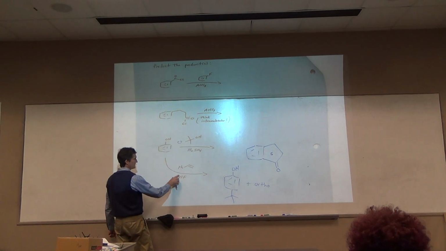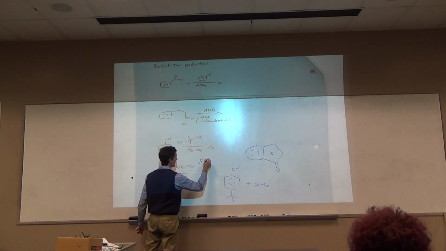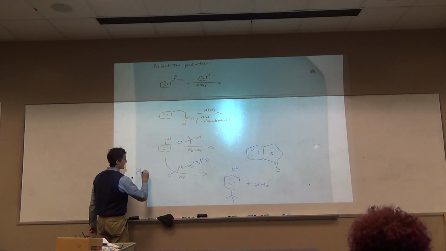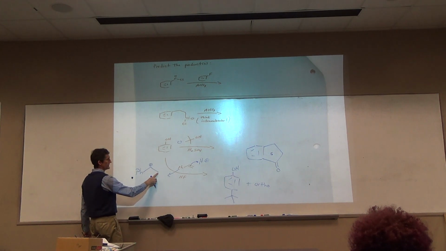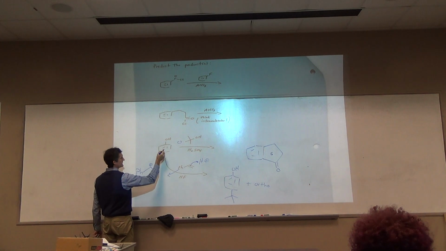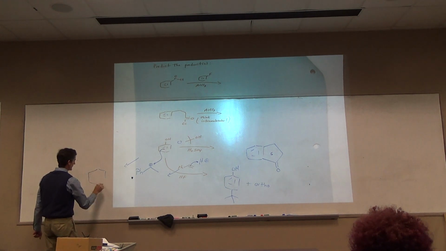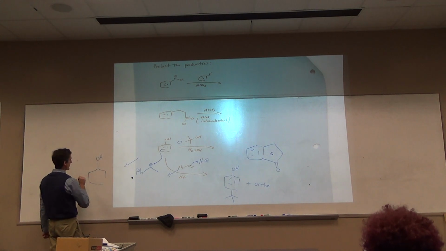Down here, HF, can we get a carbocation? What can we get here? Yeah, looking for carbocations. We can make this carbocation. New H here, yeah? And then the ring can attack, and get you, boom.